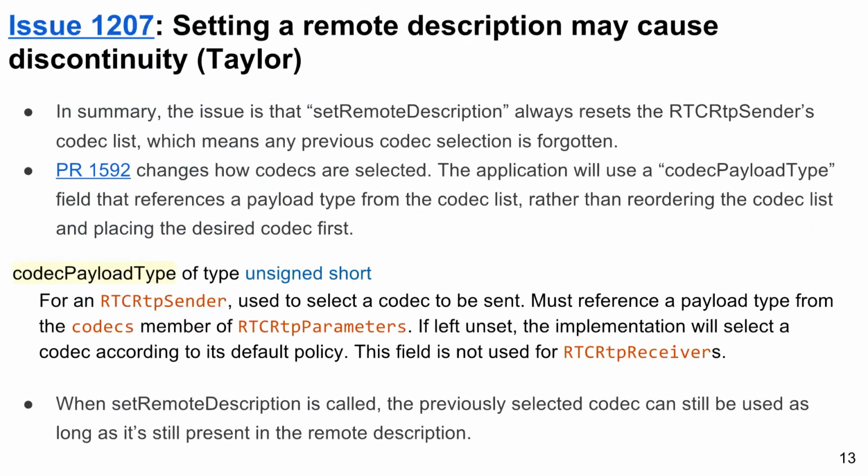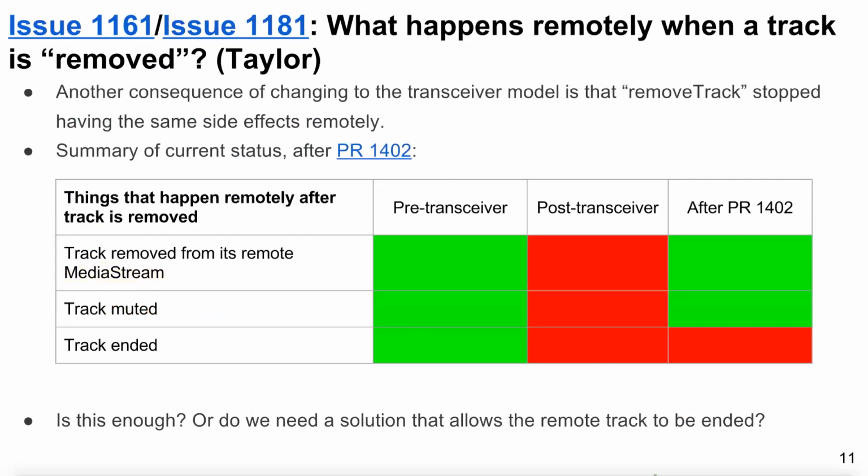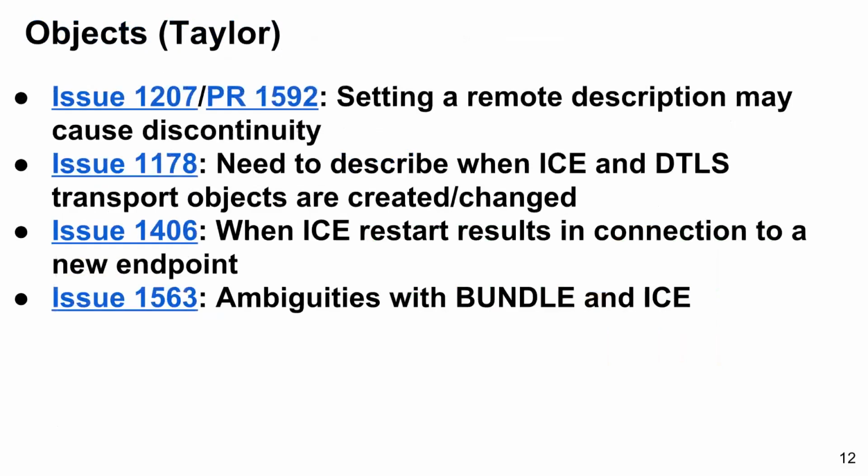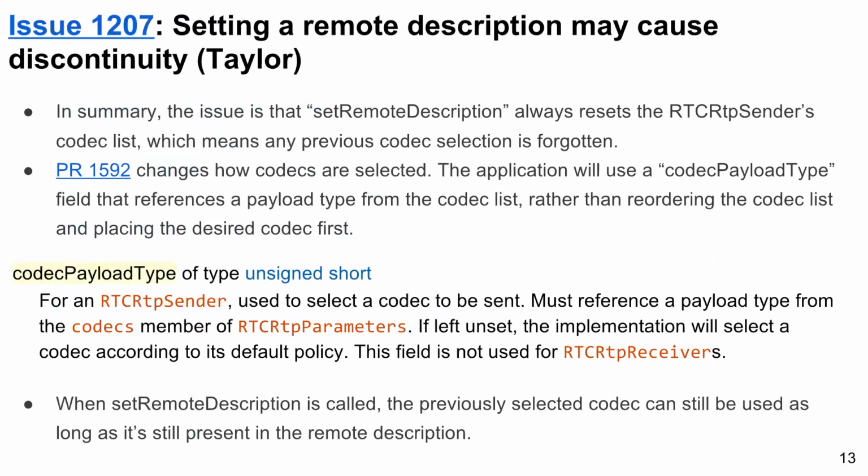So the resolution is to accept the state after PR 1402. And I guess we can close 1161 and 1181.